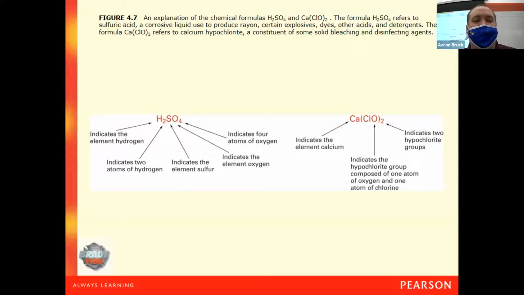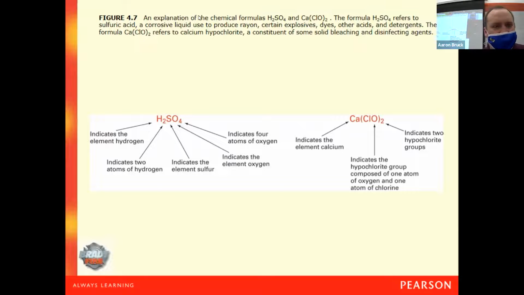It also tells us that there are two hydrogens. That's what the 2 after the H is. We have one sulfur, and we have four oxygens. So we get a ratio of each element to each other.